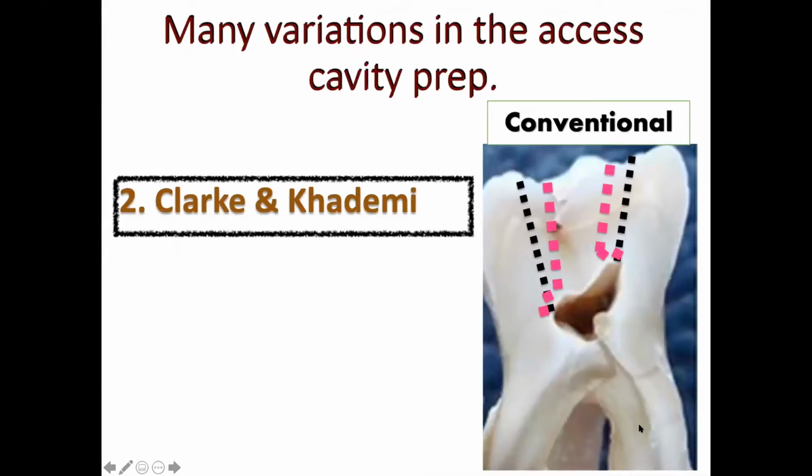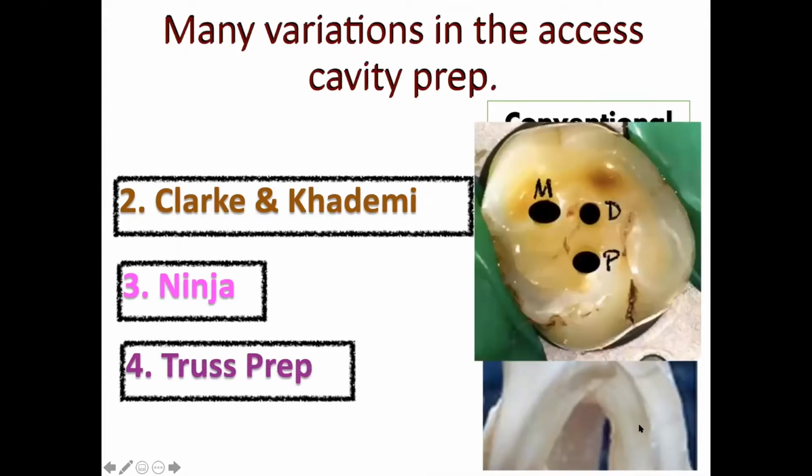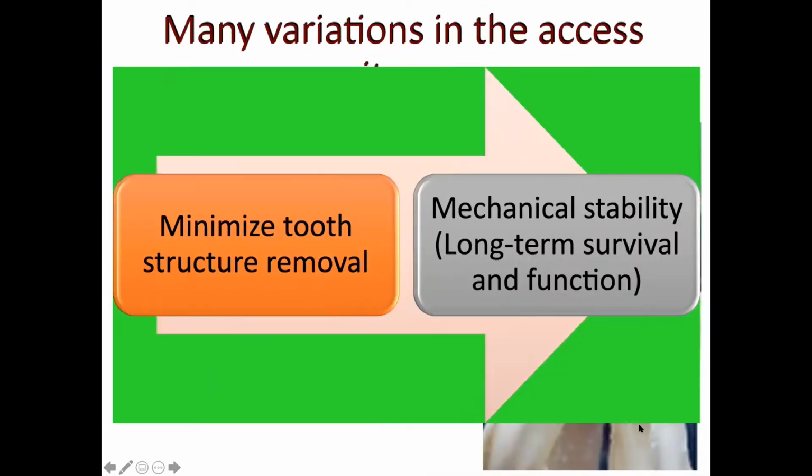The second is the ninja access, which is directed toward the central fossa, and the truss preparation, which is more orifice-directed access cavity preparation. The major aim or objective, the goal, is to minimize the tooth structure removal and to improve the mechanical stability, that is, it gives long-term survival and function of the tooth. That was the main objective for the evolution of the modern access cavity preparation.